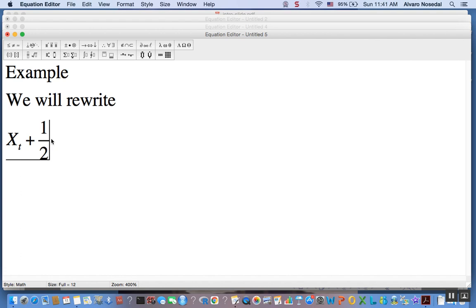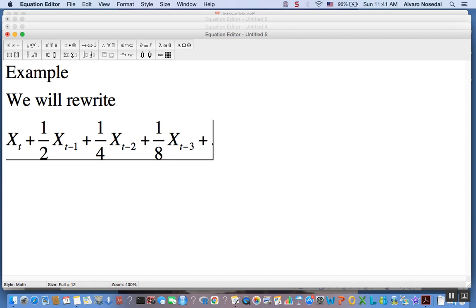Okay, so we have x_t plus 1/2 x_{t-1} and then we have 1/4 x_{t-2} and then we have 1/8 x_{t-3} plus dot dot dot.